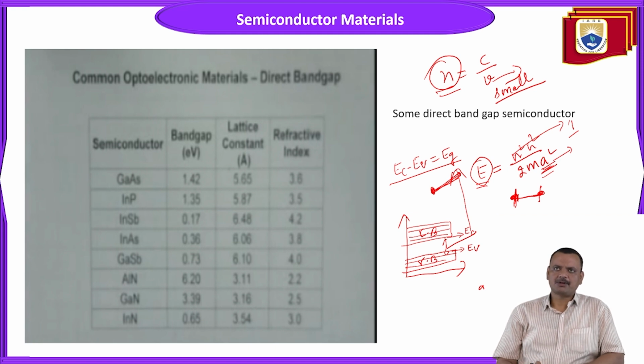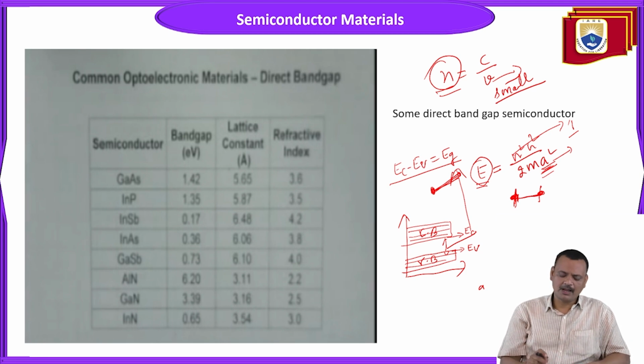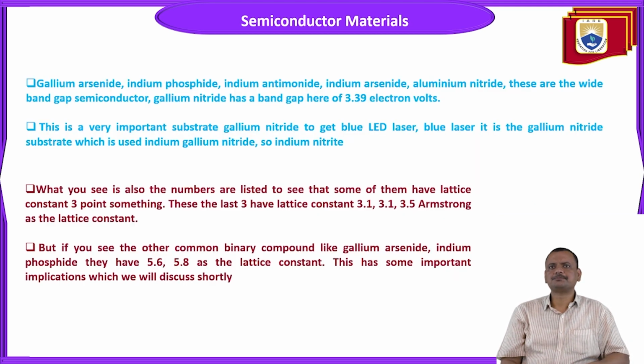So it is inversely proportional. All these things are useful for optoelectronic applications, and based on your requirement, you have to choose the material. We are dealing with semiconducting materials for optoelectronic applications, so based on the requirement, you have to choose what type of material and what desired band gap you have to use.